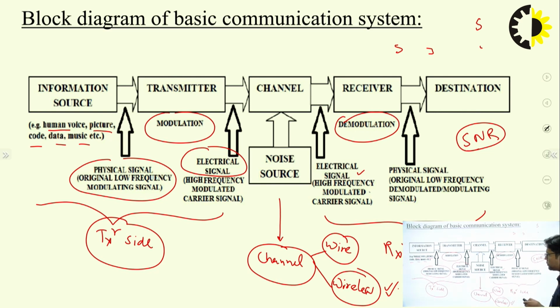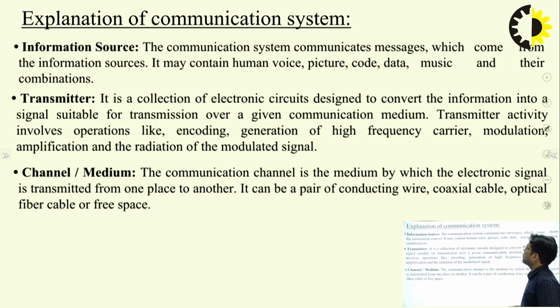Next, explanation of communication system. All of the things I already discussed in the previous block diagram, that is information source. Information could be in the form of voice, picture, code, data, music, and a combination of these signals as well. Transmitter and channel and medium.